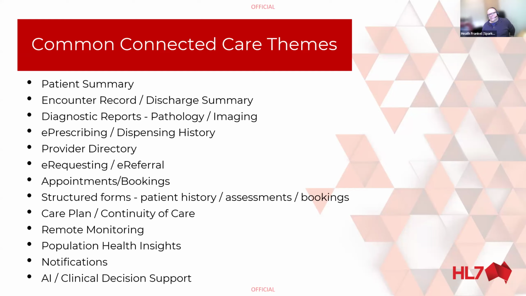And then we've got structured forms that are starting to look at how we can actually make these national forms or state-based forms, but also making them available through consumer apps rather than through paper. Care plans, as we were mentioning, the whole continuity of care, remote monitoring, etc.